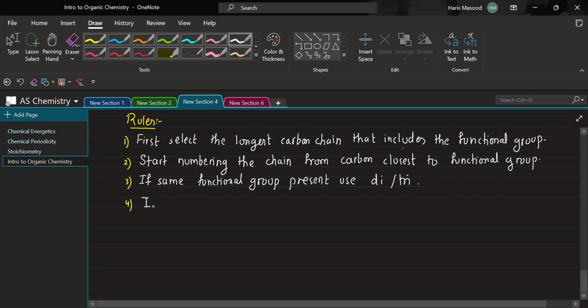And if different functional groups are present, write in alphabetical order.